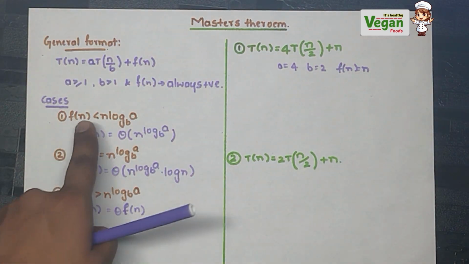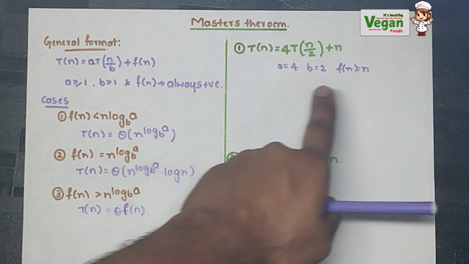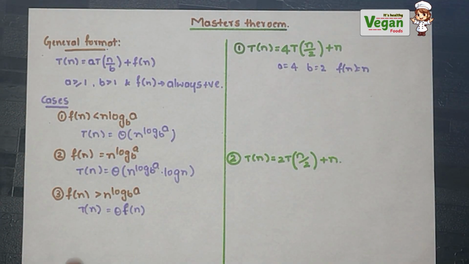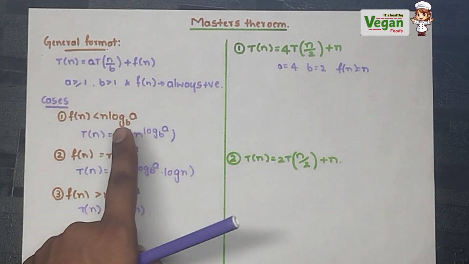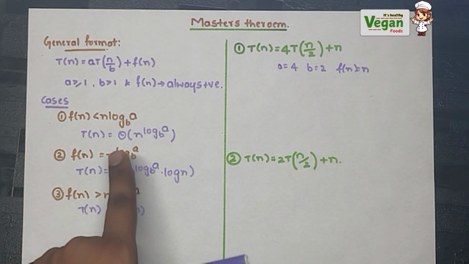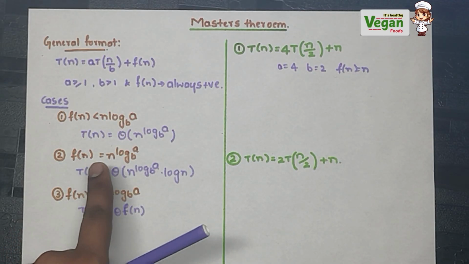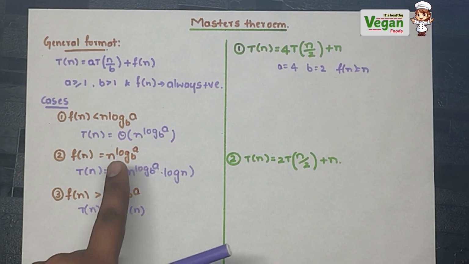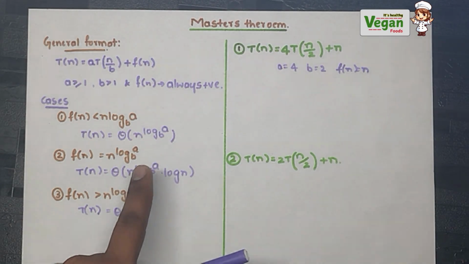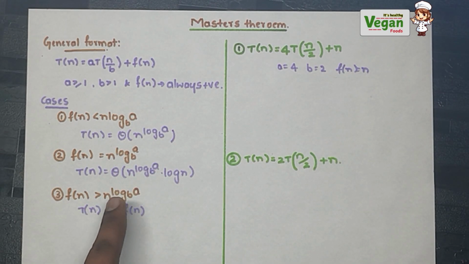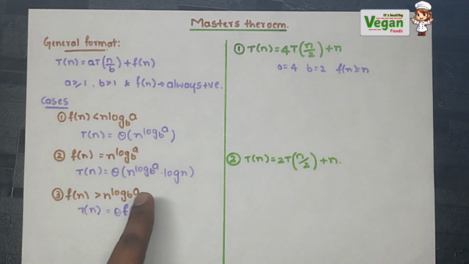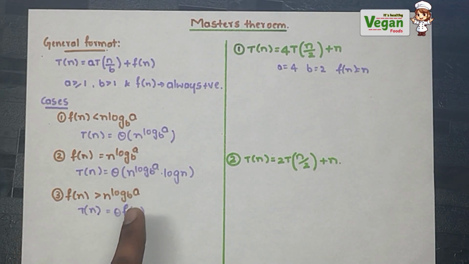How? We look at f of n, which is n in this question, and compare it with n power log a base b. There are three conditions: f of n less than n power log a base b, f of n equal to n power log a base b, and f of n greater than n power log a base b. Less than, equal to, greater than.